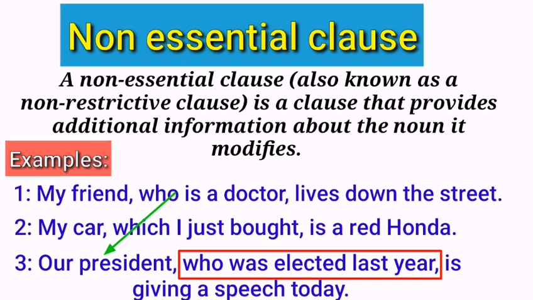Third, it provides additional information about the noun phrase. By additional information, I mean, if you put aside this group of words from this sentence, then this sentence will still give a complete sense.